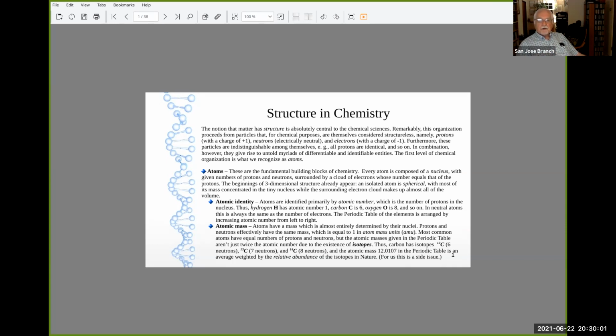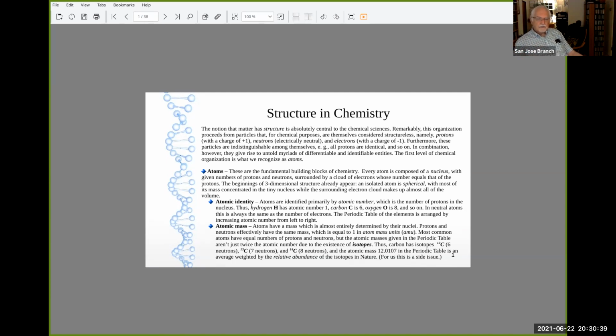So now we've gone through the first level of structure, which is atoms. We don't run into isolated atoms very much because they're quite reactive. Most of the experience that we have with matter is matter in molecular form. A molecule is the smallest recognizable unit of most types of matter.